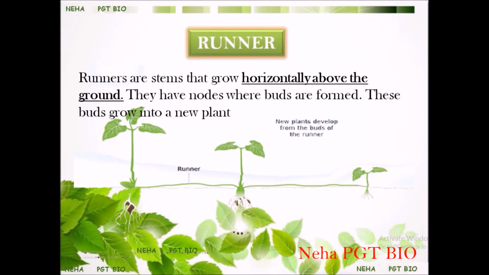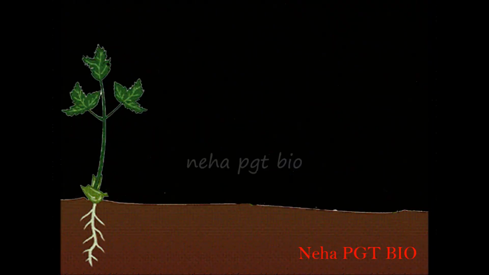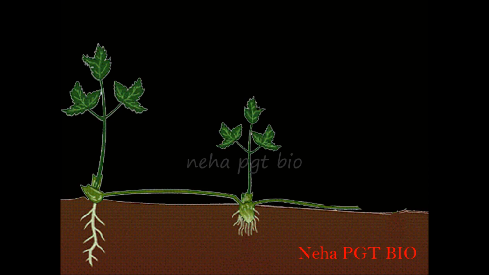Let's take the example of runner. In a runner, a branch develops a horizontal branch above the ground. This branch has many nodes and internodes. Whenever the nodes come in contact with proper soil, again it will give rise to a stem, which will have many adventitious roots and leaves.